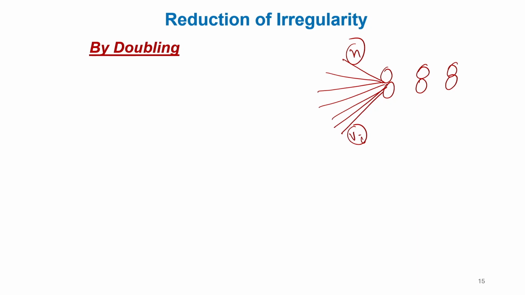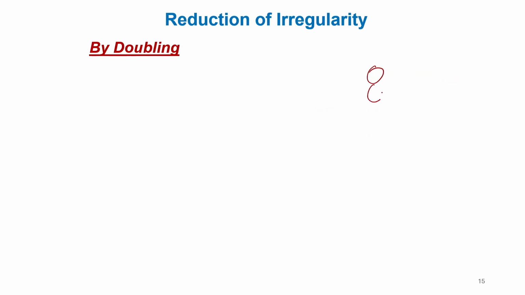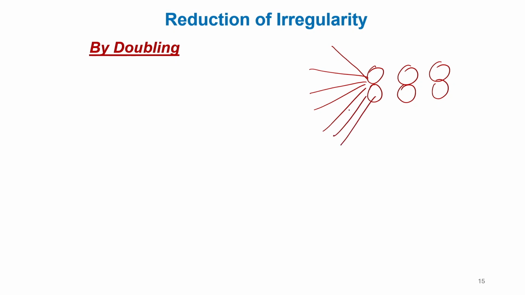In the draw frame we are feeding n number of slivers, and the CV of the individual sliver is V. So the total CV of the input material of n slivers will actually be reduced to V by under root n.